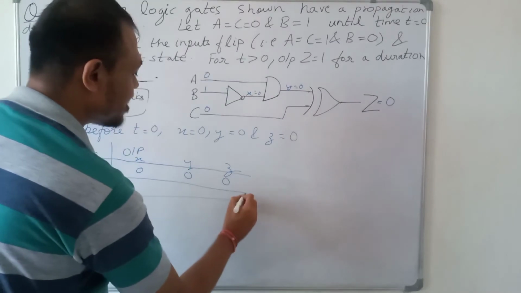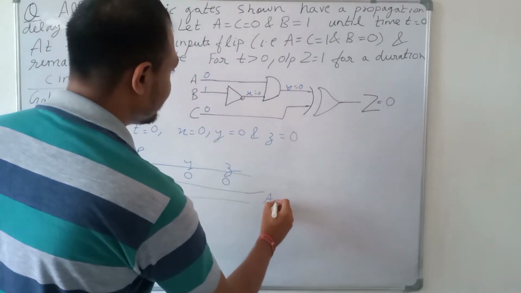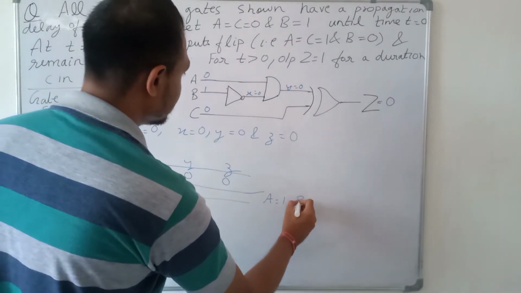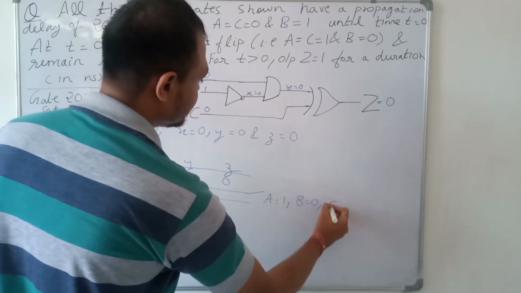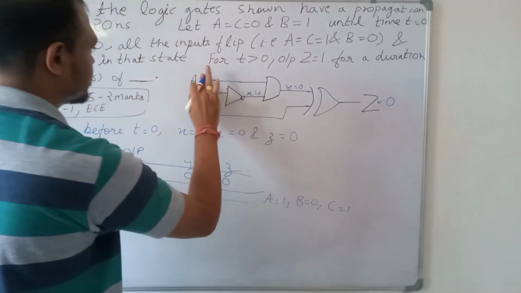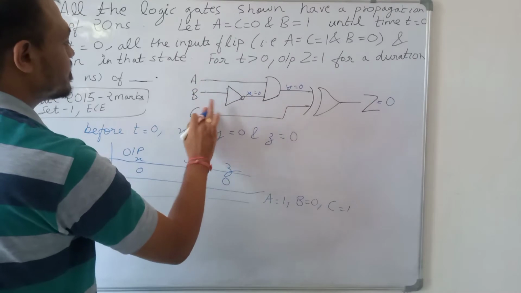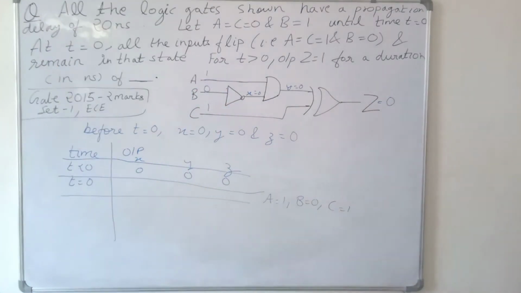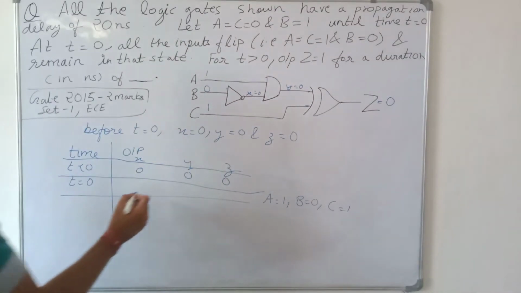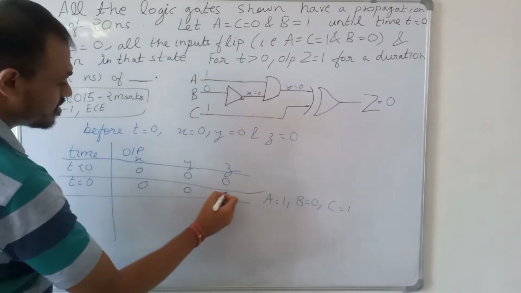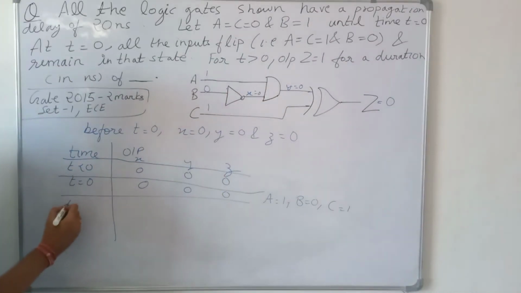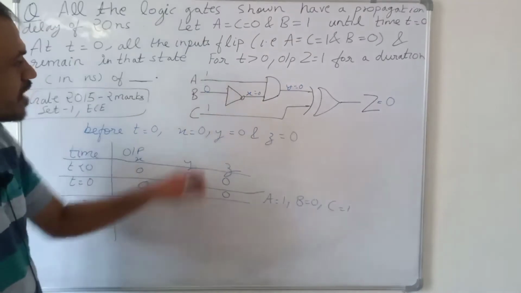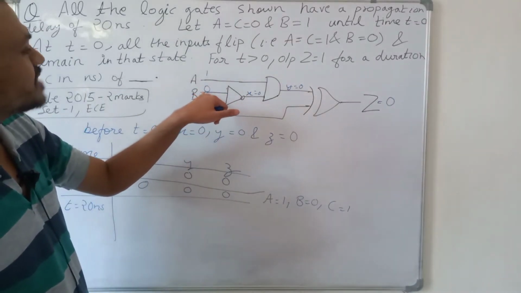the inputs are applied: A equal to 1, B equal to 0 and C equal to 1. So now the inputs are 1, 0 and 1. Now at time t equal to 20 nanoseconds, B has become 0 here.